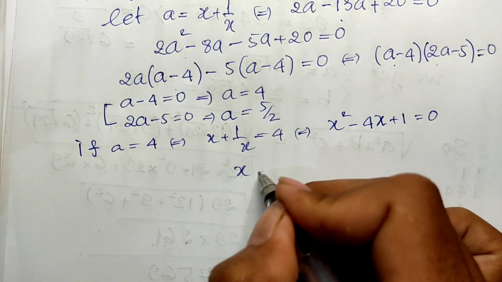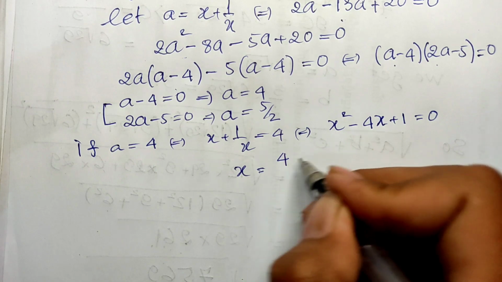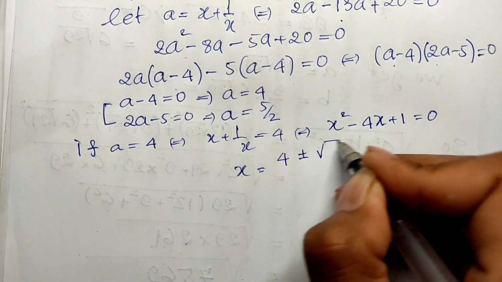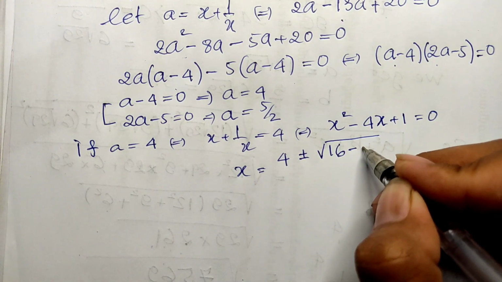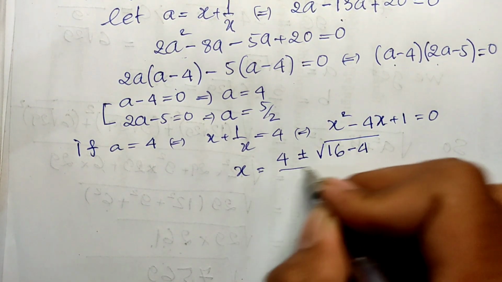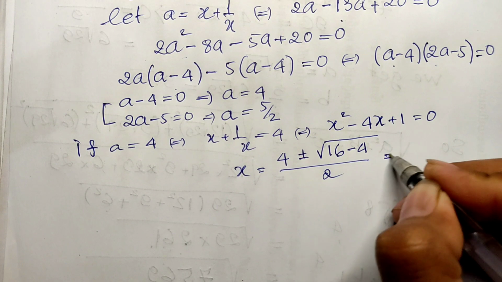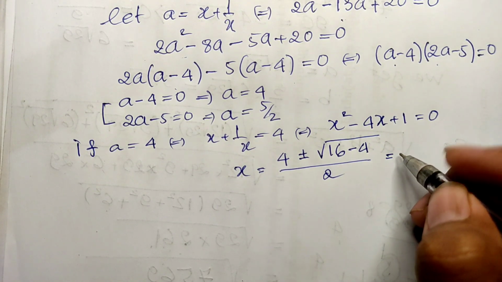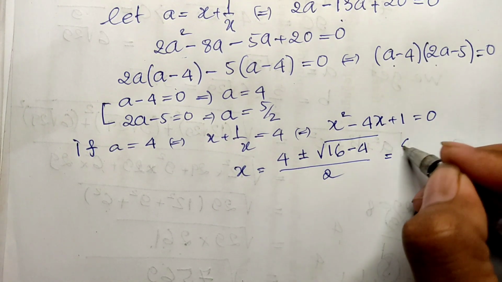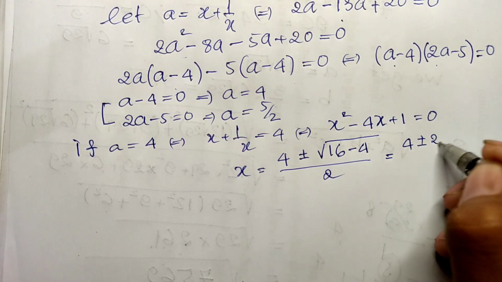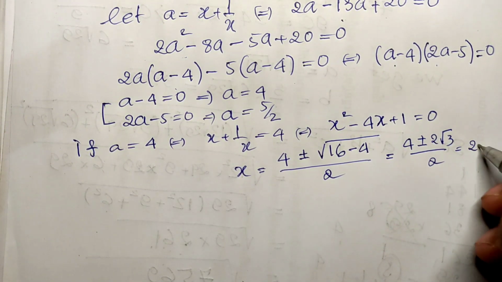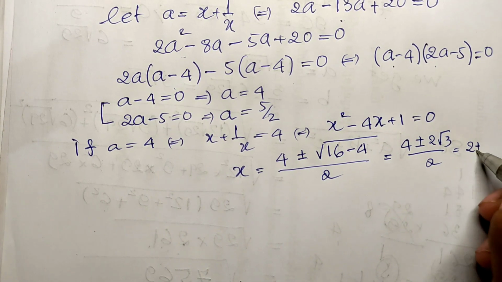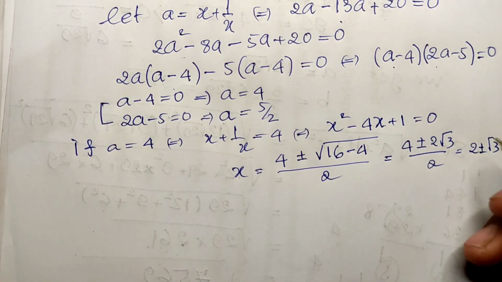In this we get h equals 4 plus or minus square root of 16 minus 4, divided by 2, which equals 4 plus or minus 2 square root 3 divided by 2, and equals 2 plus or minus square root 3.